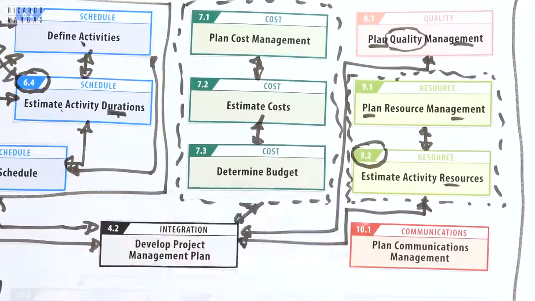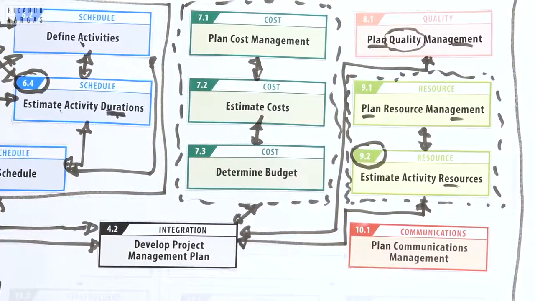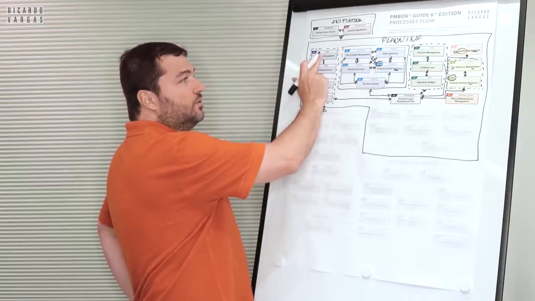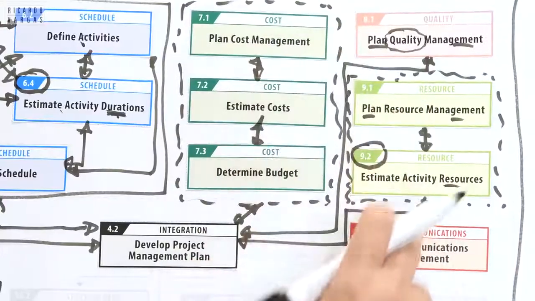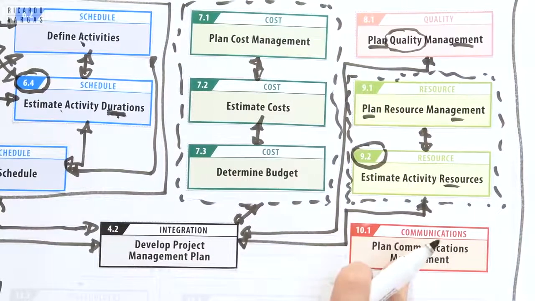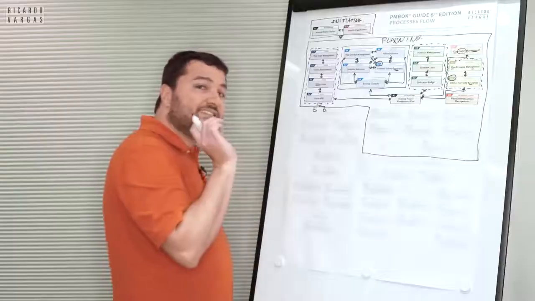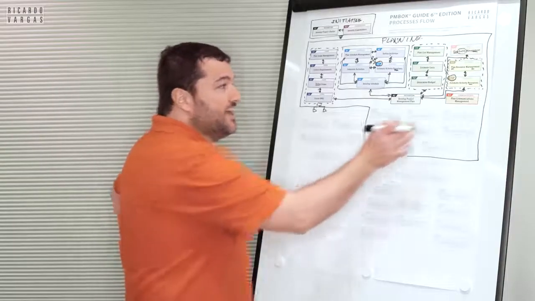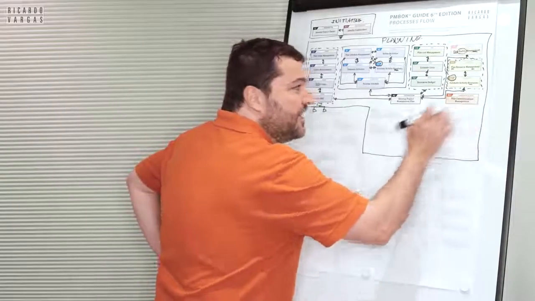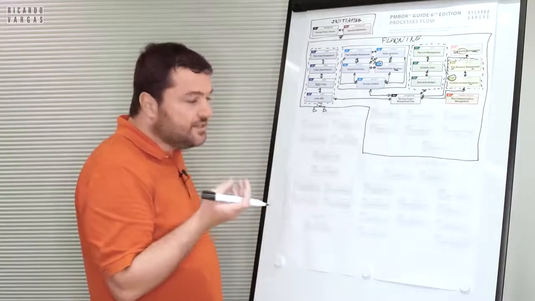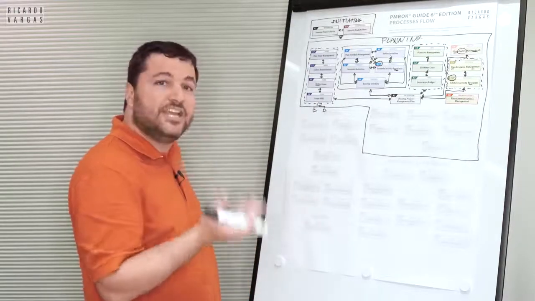Then you do communications management. Look, as I said here, rules of scope, schedule, cost, quality, resource. Here is communication. Here it's just slightly different. In plan communications management, one of the key things is that you will build your communication plan.